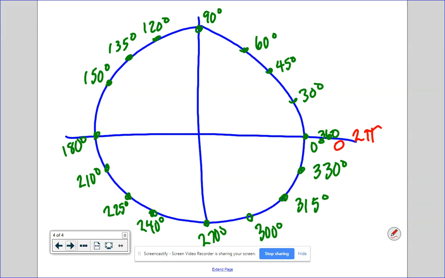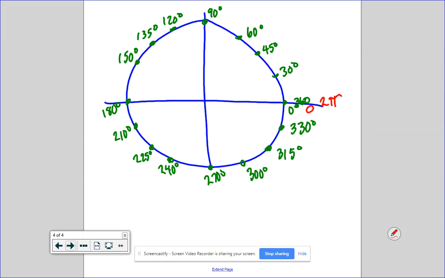And I know a lot of you are writing, so I'll give you a second. And 330 was 11 pi over 6, right?